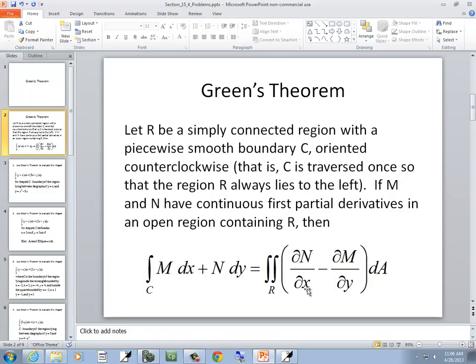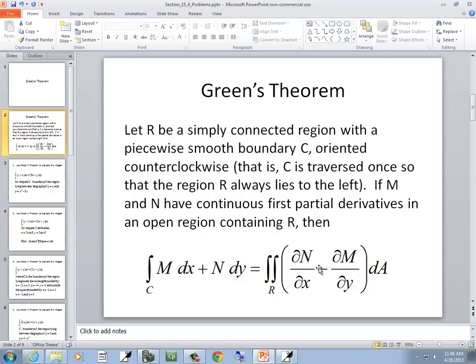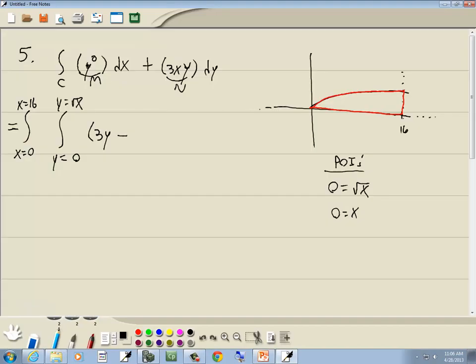We need a partial of n with respect to x. Partial of n with respect to x would give us 3y minus partial of m with respect to y. Partial of m with respect to y would give us 2y, dy dx. And that's our setup.